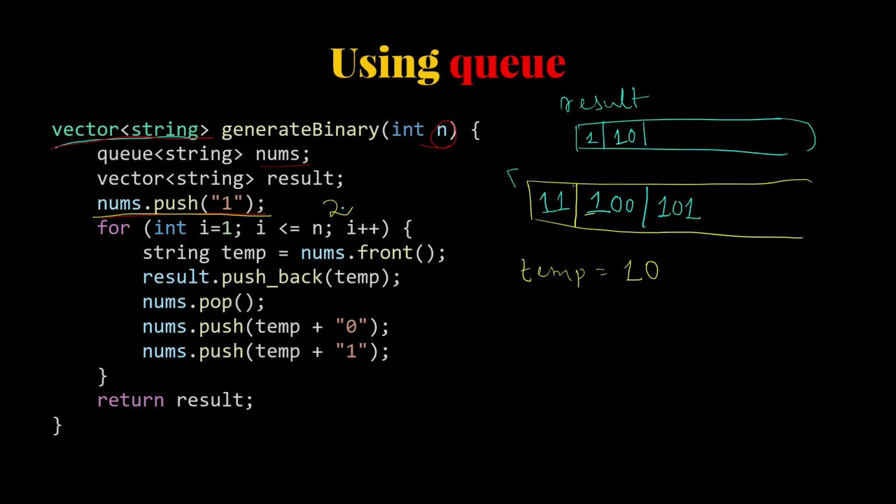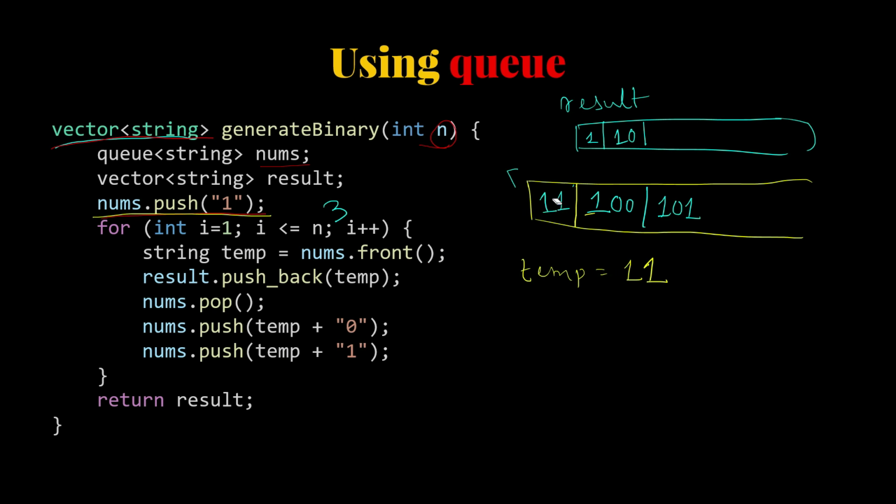Now i will be 3. Again we take the front element, which is 11, so temp becomes 11.